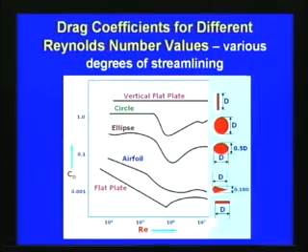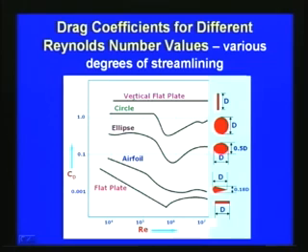Depending upon the shape as well as the Reynolds number, you can see in this slide various shapes, starting from a vertical flat plate and the same flat plate placed horizontally, then circle, ellipse, airfoil, and so on. Here the coefficient of drag is plotted with respect to the Reynolds number.